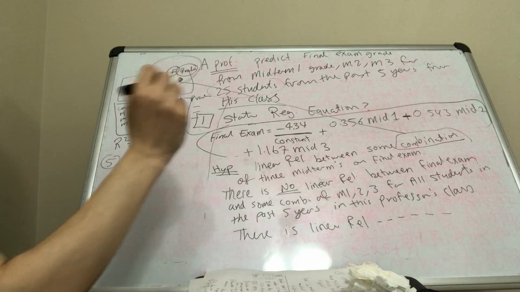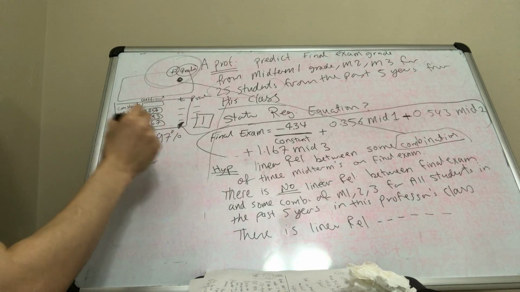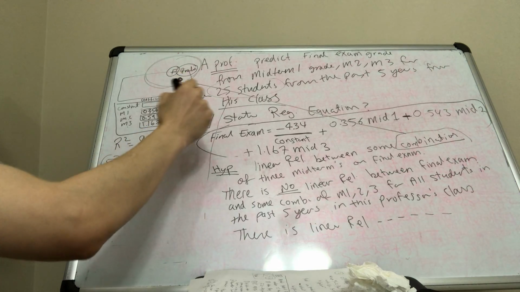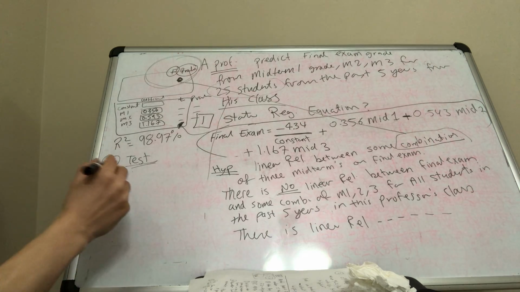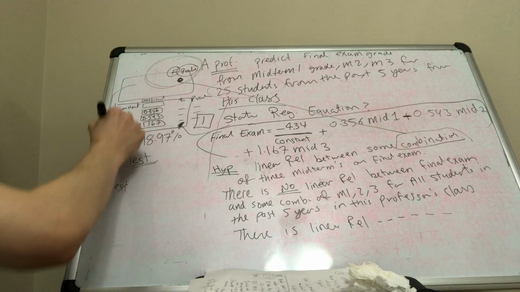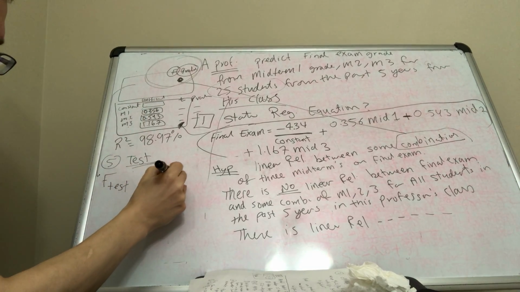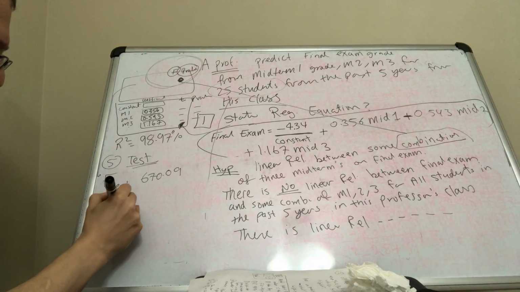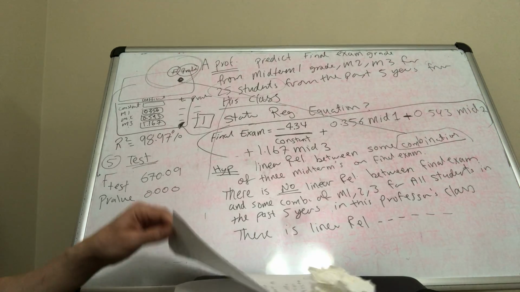But if they specify one of them, does midterm 1, does midterm 2, midterm 3, you look at the t and the p-value here. So the test would be the F-test from this table, and it was something like 670, and the p-value was 0.000.